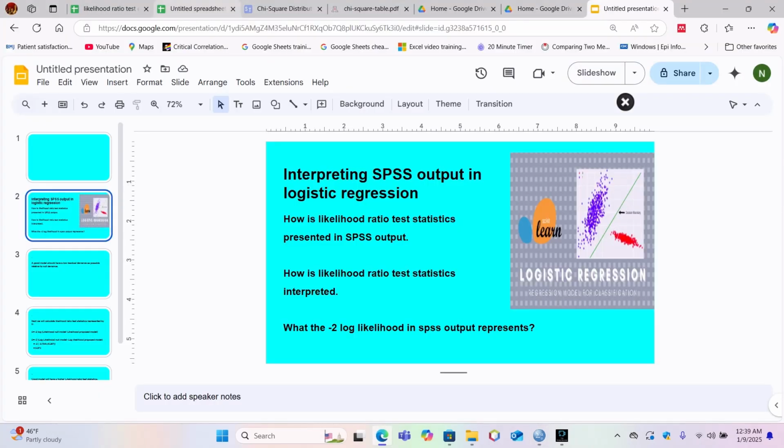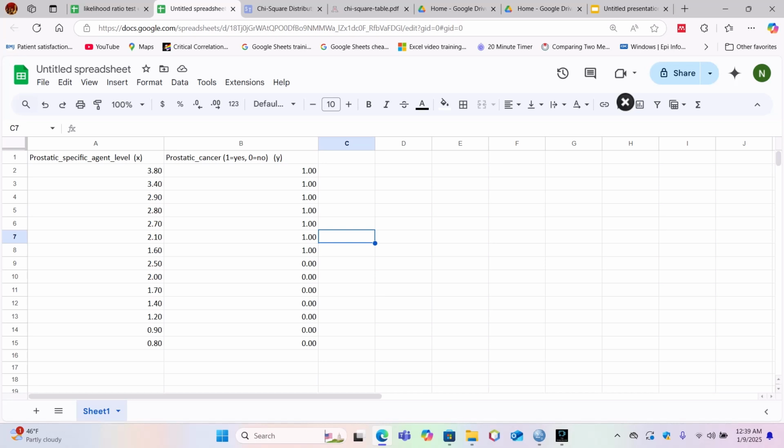To make a good understanding, we'll go to the Google Sheet, and here we can see the same data, and in the third column we'll keep the predicted probability. Predicted probability is calculated in logistic regression by maximum likelihood estimation.